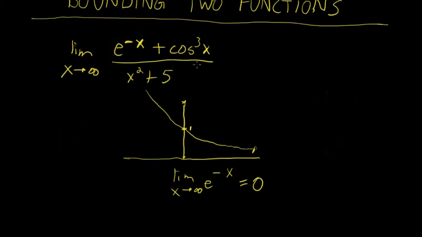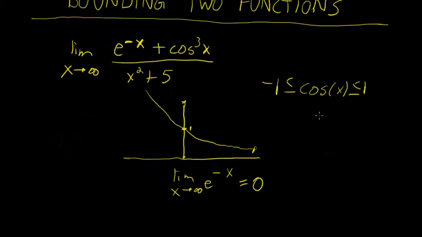What about cosine cubed of x? Well, cosine of x always ranges between negative 1 and 1, right?